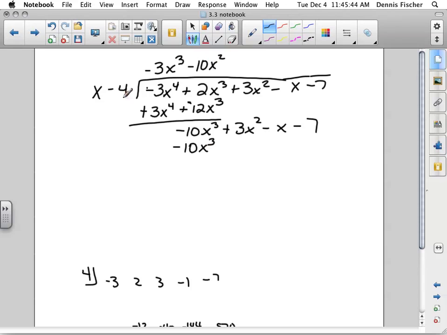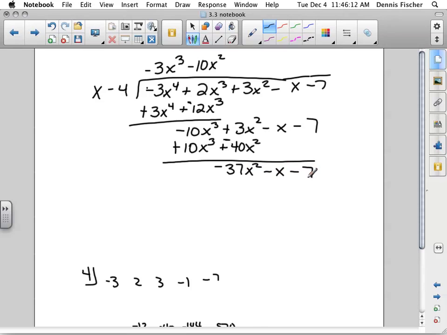Negative 10x squared times a negative 4, two negatives make a positive, 40x squared. Change the signs. That cancels off. We get a negative 37x squared minus x minus 7. Okay, are we okay?